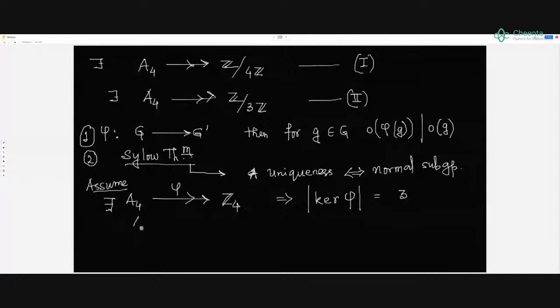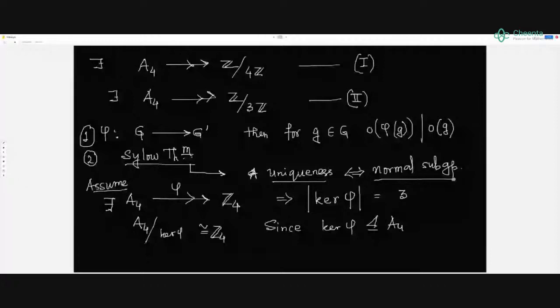Because A4 modulo kernel of phi has to be isomorphic to Z4. So the order of kernel of phi has to be equal to 3. But since kernel of phi is a subgroup of A4 and it is normal, by Sylow's theorem it implies that there exists only one subgroup of order 3 of A4.